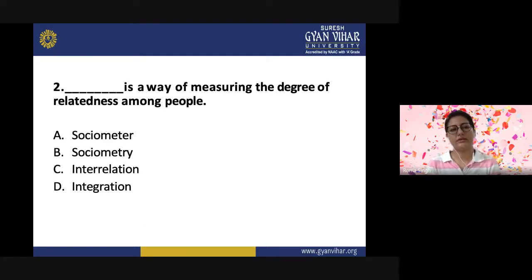Next question is, dash is a way of measuring the degree of relatedness among people. So what is that known as? The options are sociometer, sociometry, interrelation, or integration. And the correct answer is sociometry, as we are aware that it is the way of measuring the degree of relatedness among people.